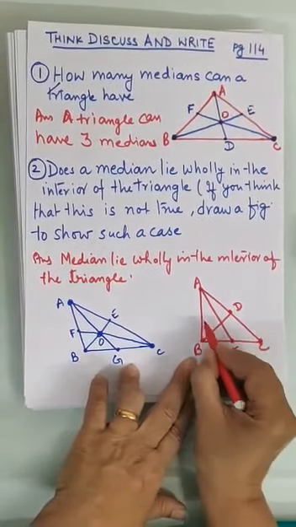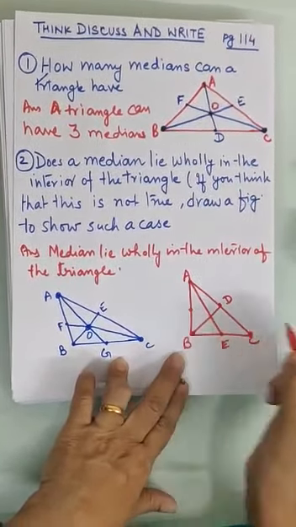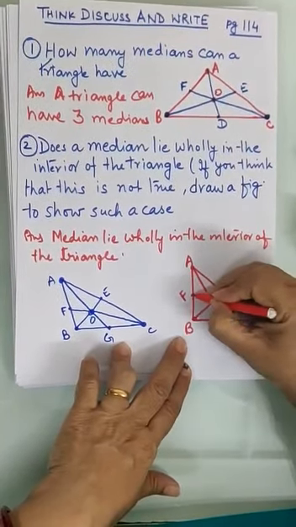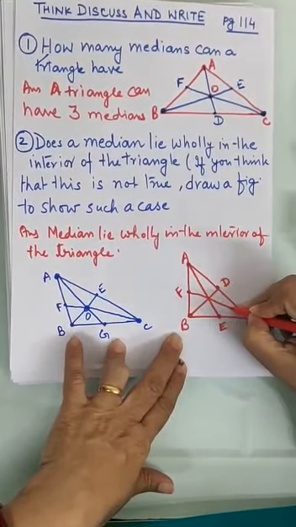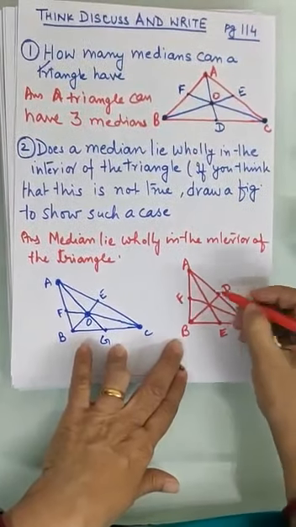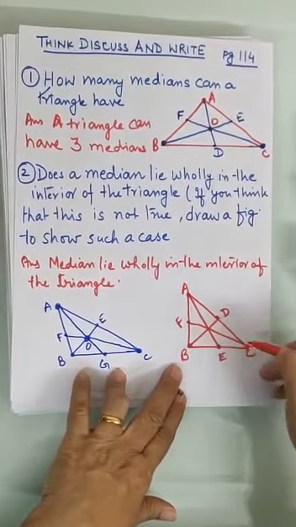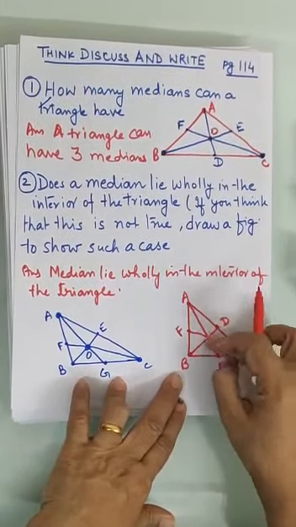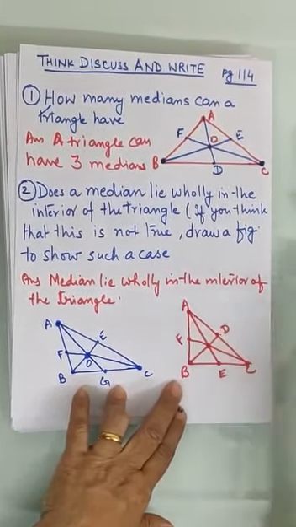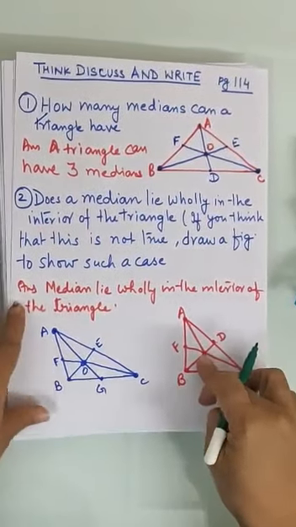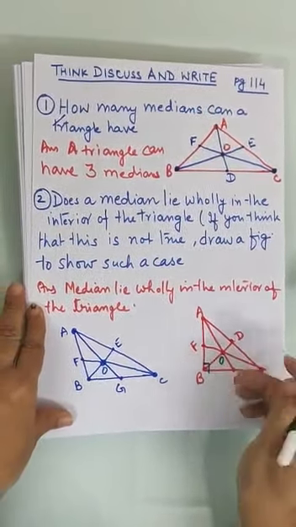Now vertex C, opposite side is AB, find the midpoint of AB, let it be F, join CF. So what do we observe? That the three medians BD, AE and CF, they lie inside the triangle and their point of intersection O also lies in the interior. So this is the case of right angle triangle.